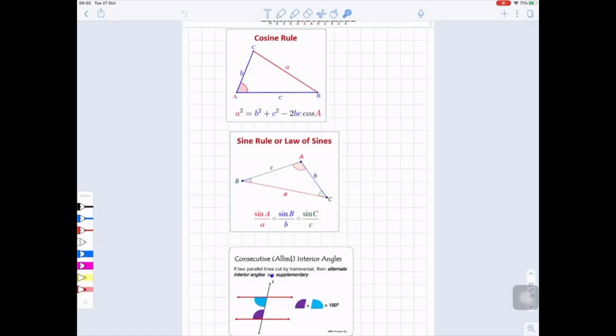And this line that goes across them is called a transversal. So these two angles, the blue and the purple, add up to 180 degrees. It's very important to remember. It looks like a C shape, and they add up to 180 degrees.